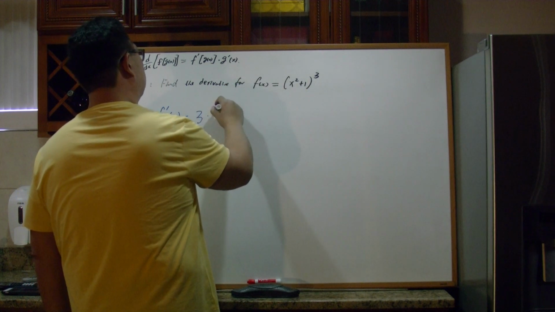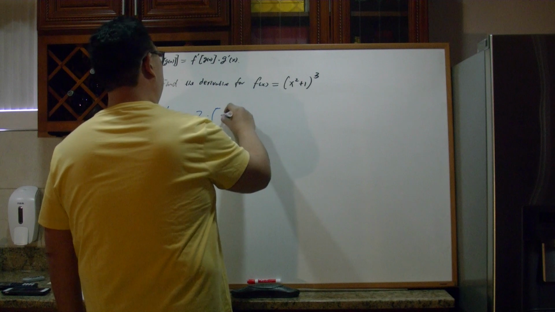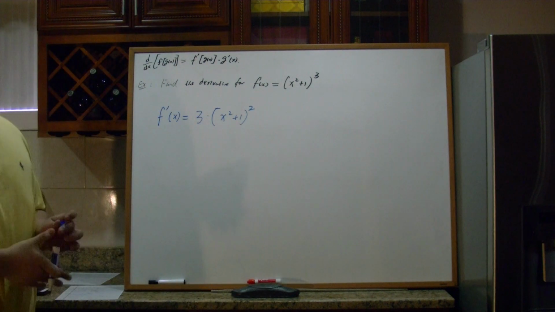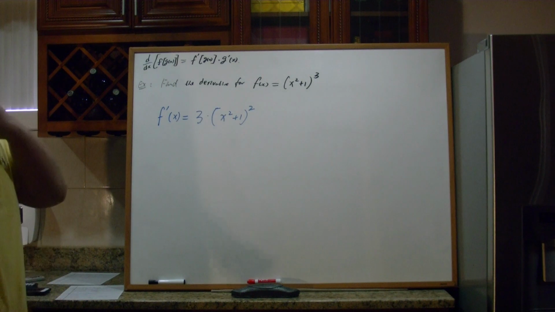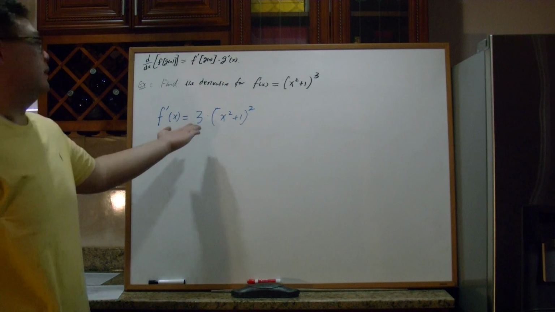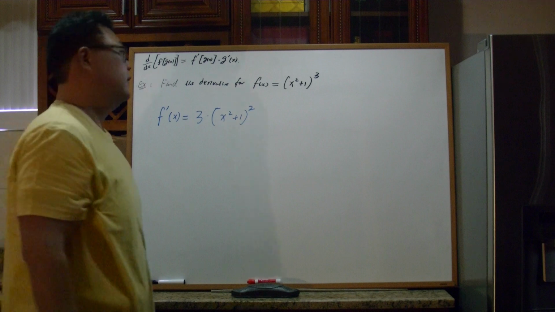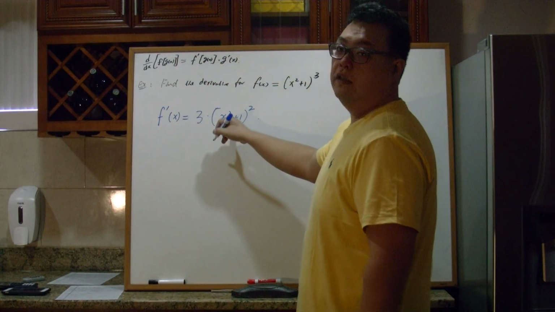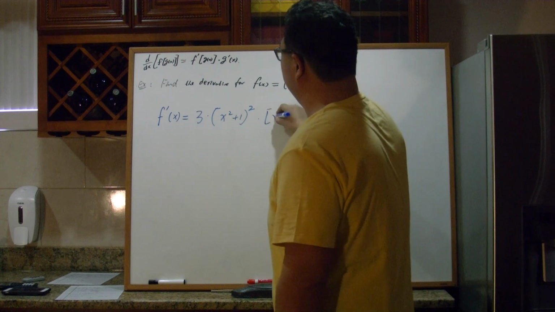That's 3 times x squared plus 1 to the second power. Because we have 3 taking derivative, that's 3 times the inside to the second. But recall that inside is an expression, so we need to take the derivative of it.